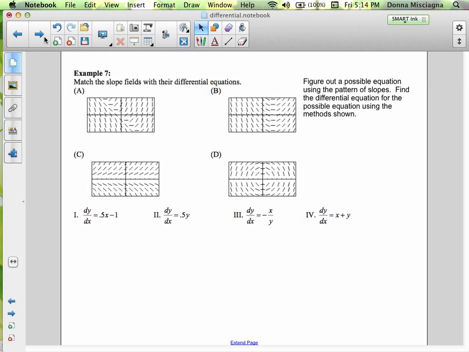I think I'm going to go to D right here. I think we can all clearly see a circle hanging out there. We probably can figure out which one of these is the derivative for the circle, because we saw it so much with implicit differentiation. This one here kind of looks like a parabola to me.